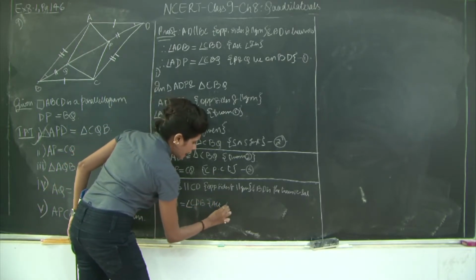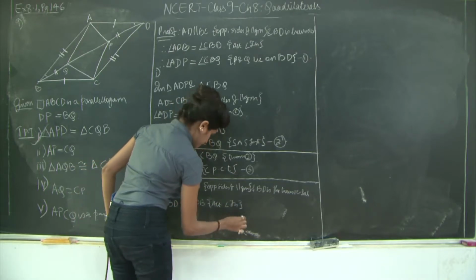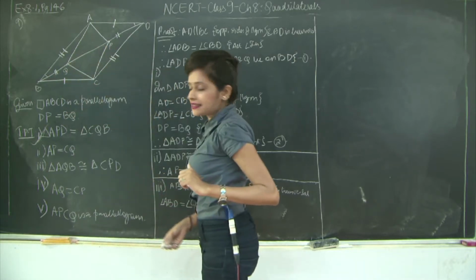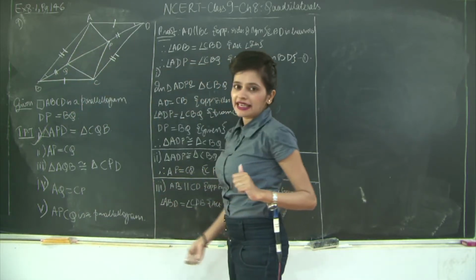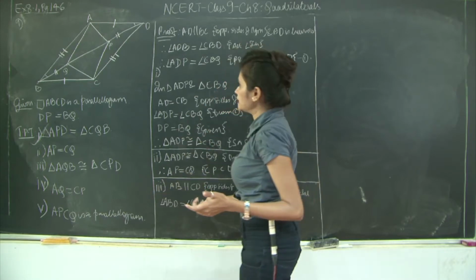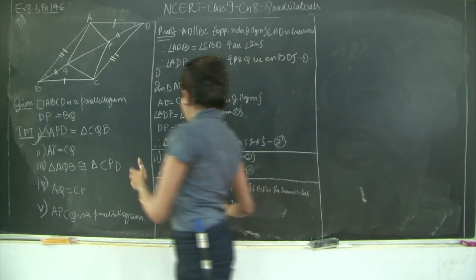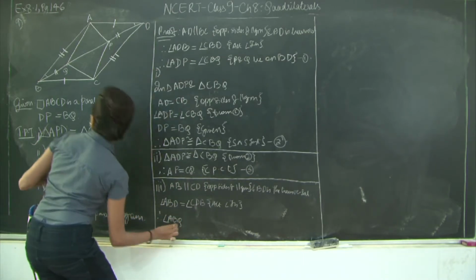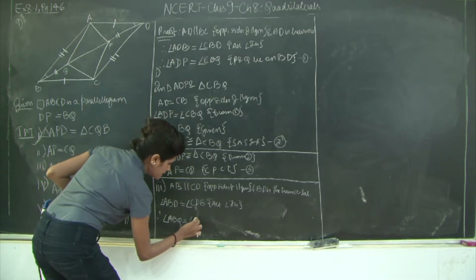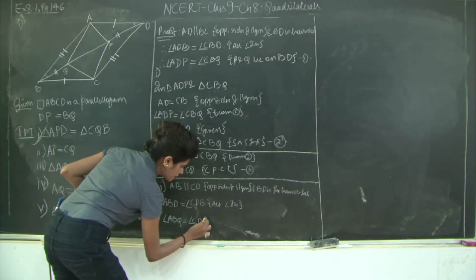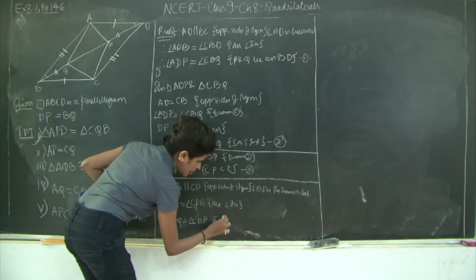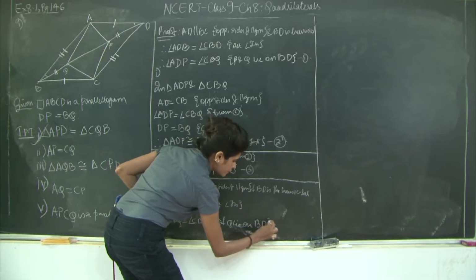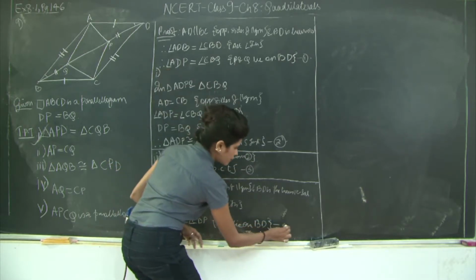Alternate angle theorem. But we have Q and P lying on the line segment BD. So instead of ABD, I will say ABQ, and instead of CDB, I will say CDP, right? So let's write this down. Therefore, angle ABQ is equal to angle CDP. Why? Because P and Q lie on BD. Let's mark this as 4.